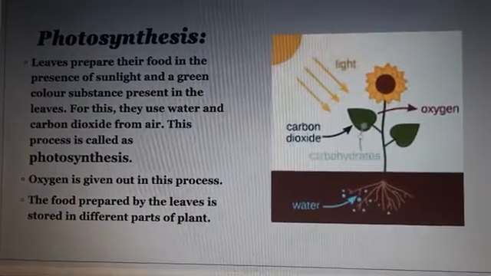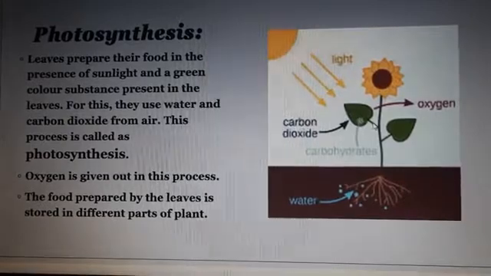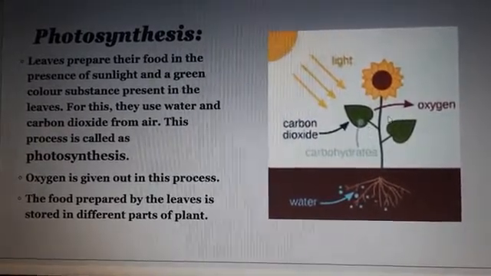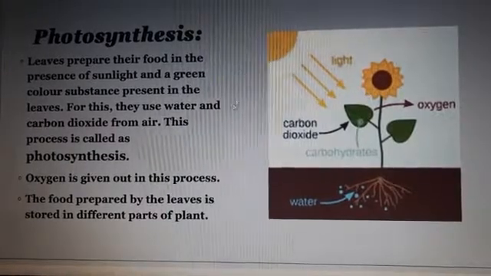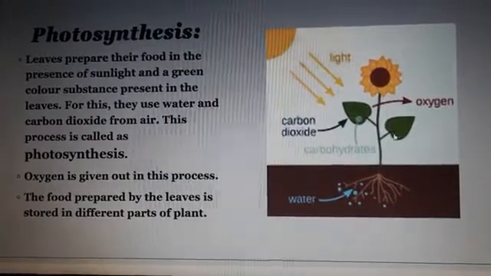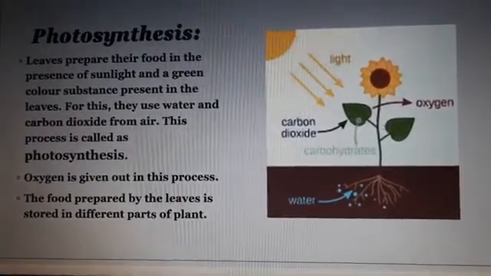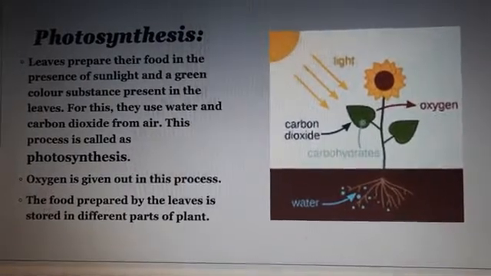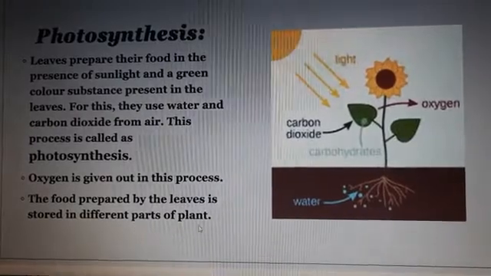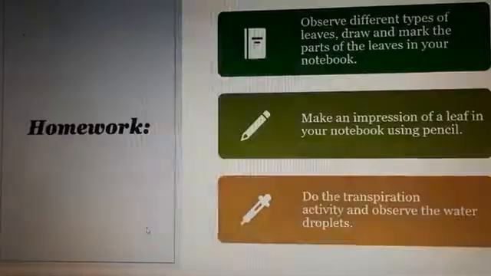So the leaves have the green color substance, and in the presence of sunlight, carbon dioxide and water, the process of photosynthesis takes place. Oxygen is given out in this process, so the oxygen which gets released is used by us and other animals. The food prepared by the leaves is stored in different parts of the plant. These different parts only we eat.